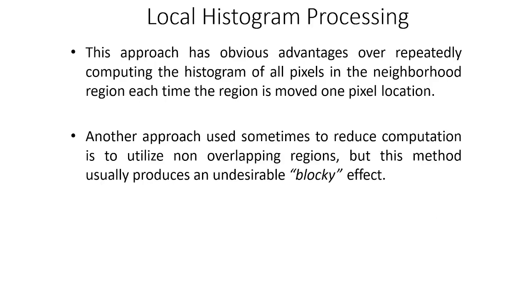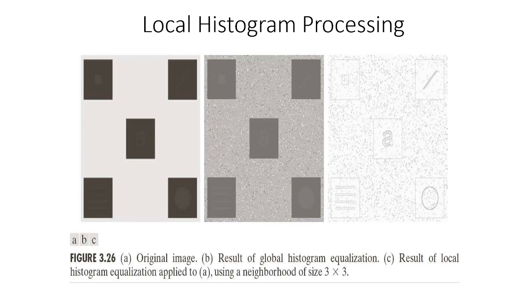Sometimes we need the histogram only for certain portions of the image, not the whole image, then we can use local histogram processing. So this is global histogram equalization, and the last one represents the local. In certain areas only we are going to apply the histogram.